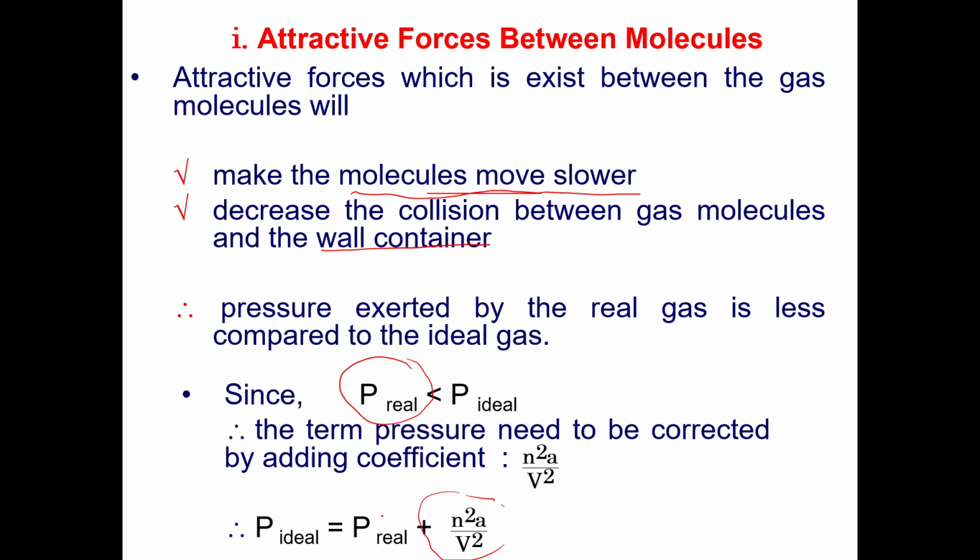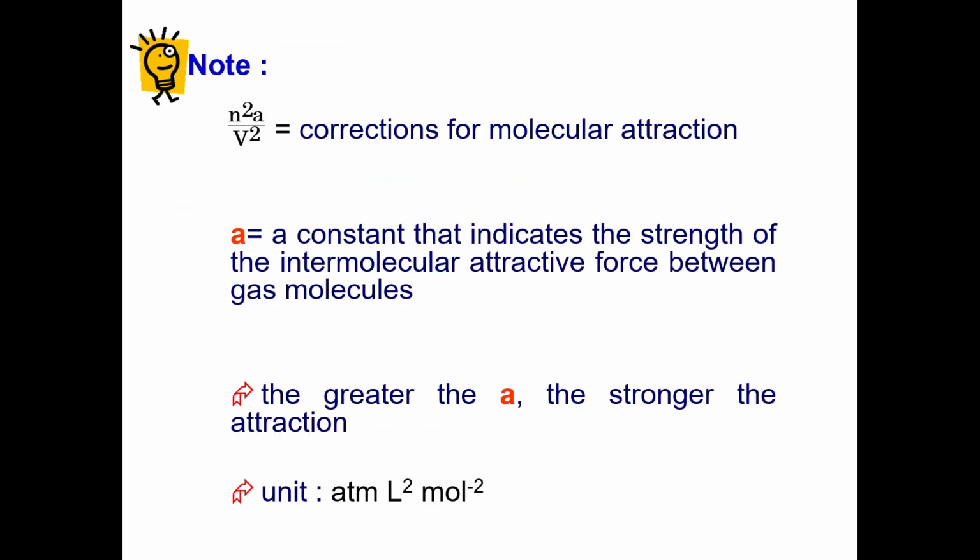So, that's why untuk van der Waals equation, pressure-nya akan add faktor an square over V square. So, n tu ialah mole, number of mole, V tu volume, a tu actually this one. Constant that indicate the strength of intermolecular attractive force. So, yang ni constant.